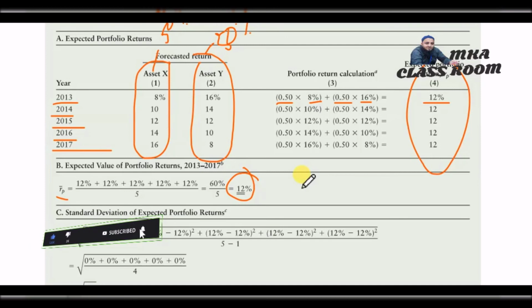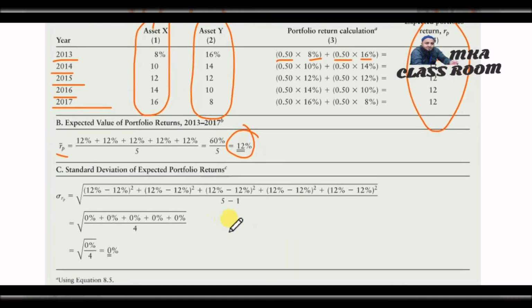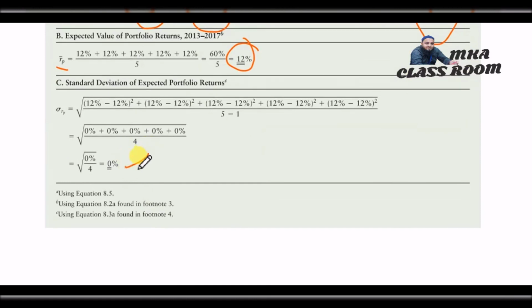Now for standard deviation, we know the formula for a single asset with no probability: the square root of the summation of Rj minus R bar, whole squared, divided by n minus 1. So 12% minus 12% whole squared, plus the rest in the same way, is 0. Our standard deviation is 0.